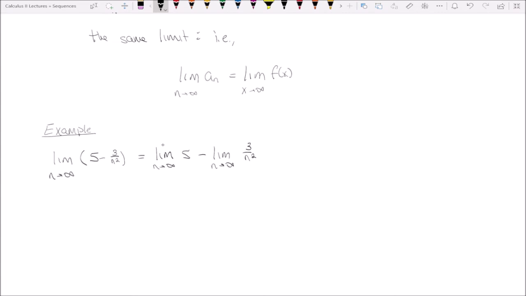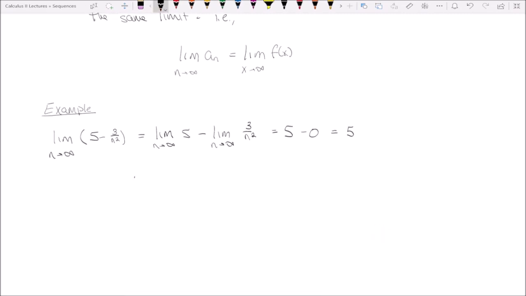Right, well, the limit of 5 is 5. The limit of 3 over n squared is 0. So we get a limit of 5. What this means is that the sequence 5 minus 3 over n squared converges to the value of 5.